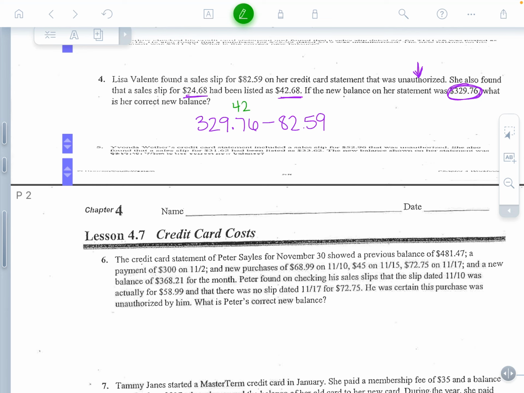We're going to subtract these two numbers to find out how much she doesn't have to pay off of that balance. So this is going to be the excess that they put that she doesn't have to pay. And it's $18. So we're going to subtract 18. That's how we got that number. And then that will give us our new balance.